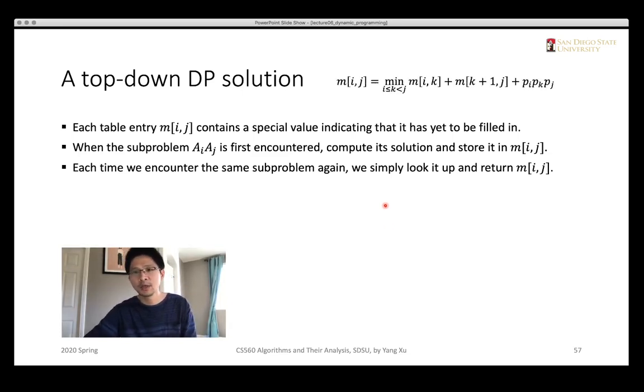Okay, and we use the same principle that we used before. So in order to solve the subproblem from i to j, we need to use a k to iterate over all possible ways to do the split.